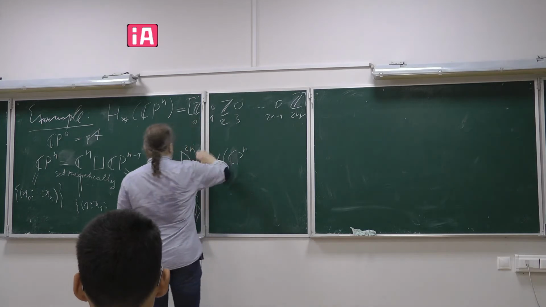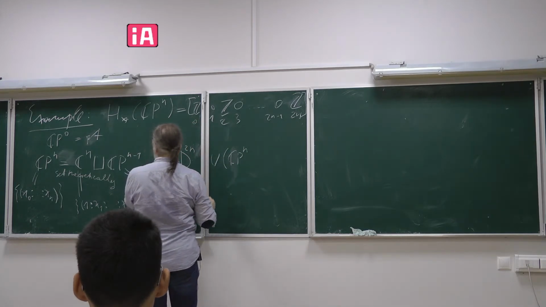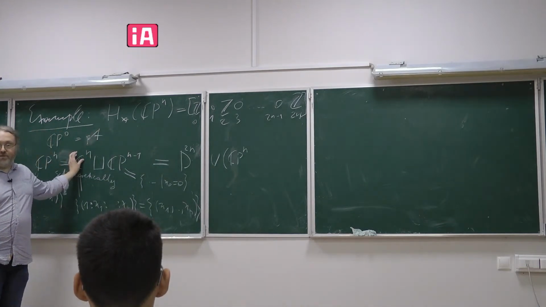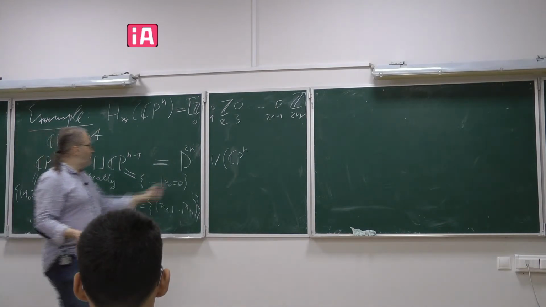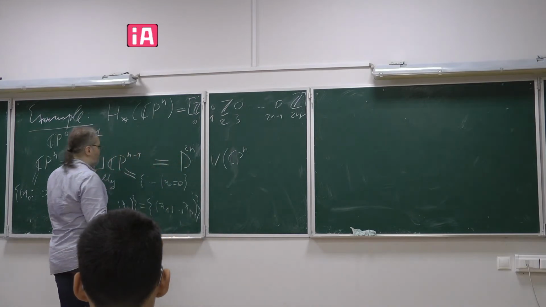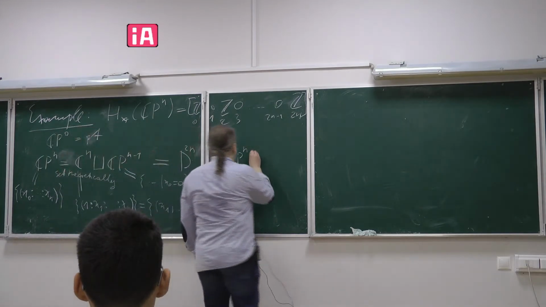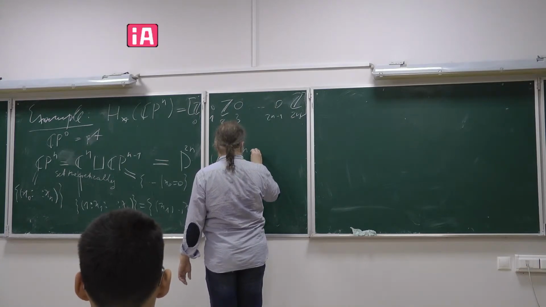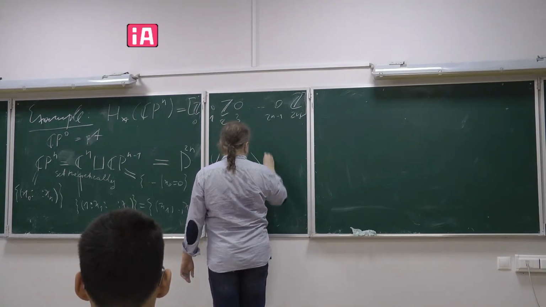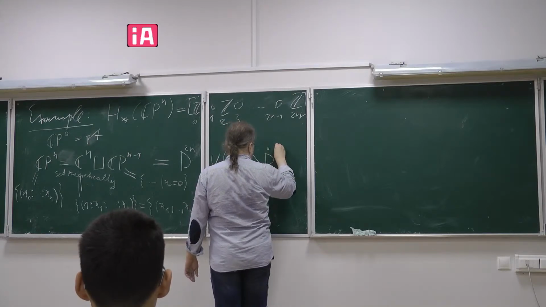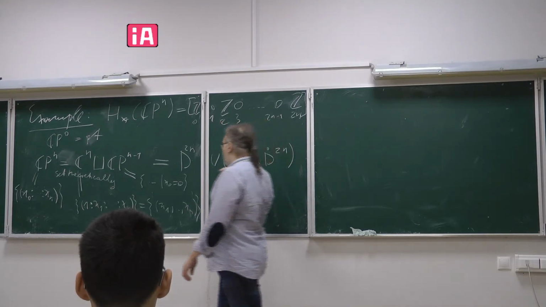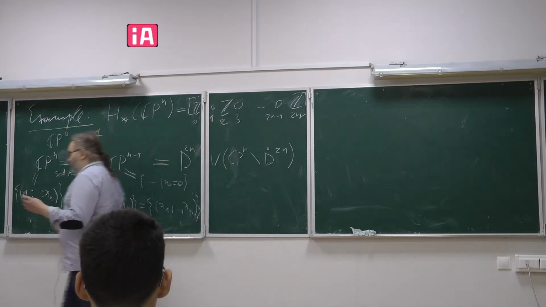Oh, sorry, dn. What is dn? Dn is the unit disk inside Cn. Sorry, d2n is the unit disk inside Cn. And then we take the, what do we take?